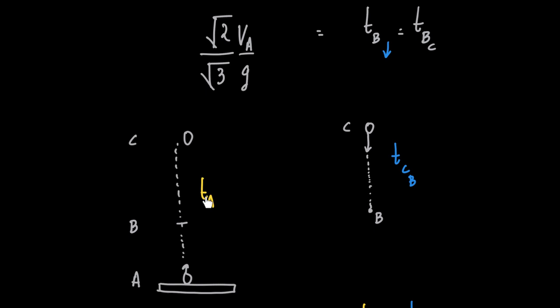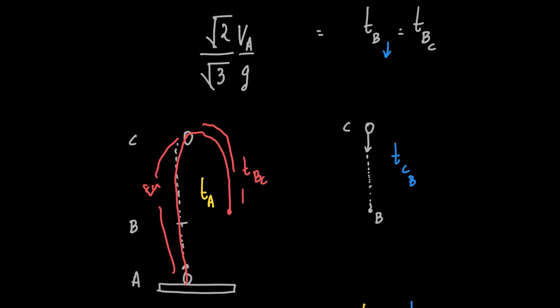Time of ascent is the time taken to reach C from A. So this much portion here is the time of ascent, and then this much portion here is the time to reach B from C. And at this instant of time, at this position, we have two instances of time.